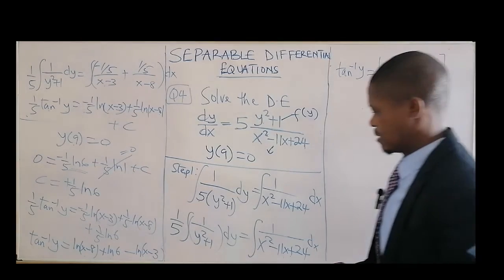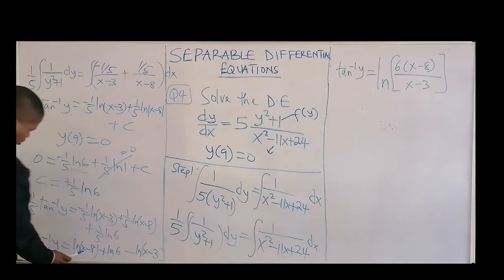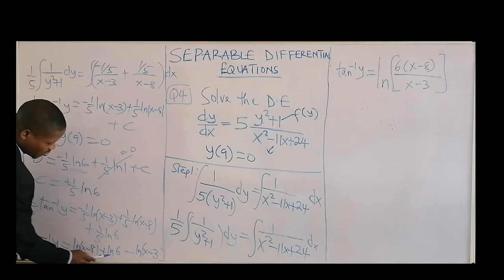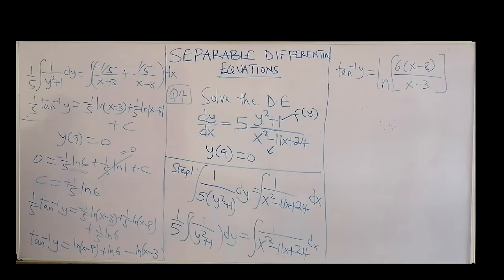So what I did is combine these into a single ln. Those of addition mean the functions will be multiplied together, and the one of minus, the function will be division, as we have done there.